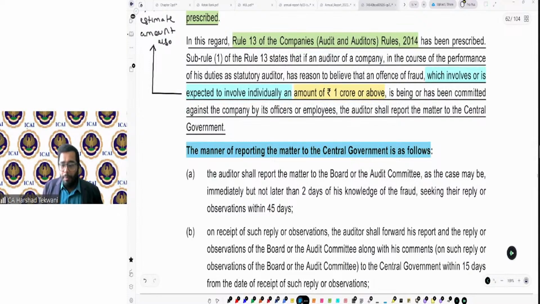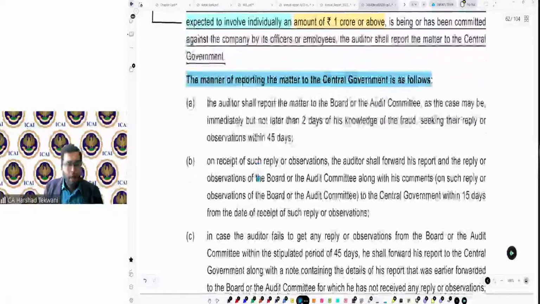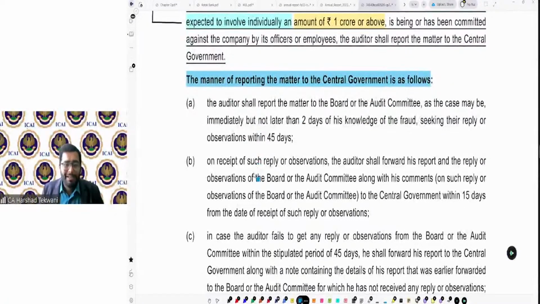Based on the time, the auditor is required to report the matter to the board or audit committee within 2 days of his knowledge, seeking a reply or observation from them.